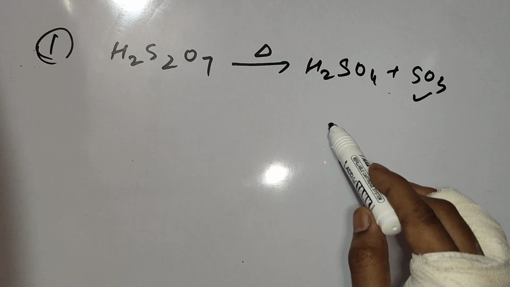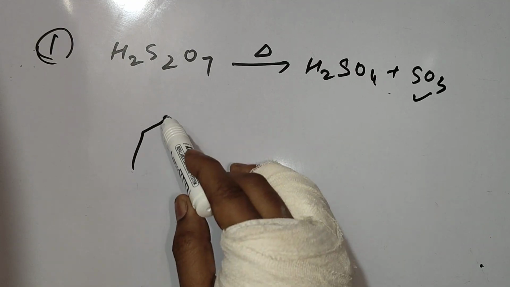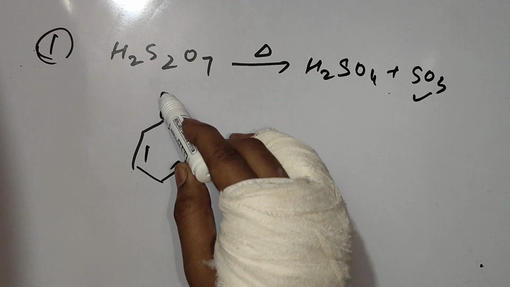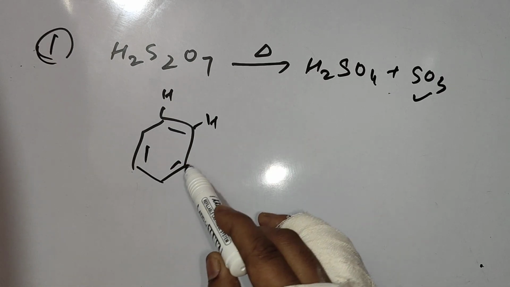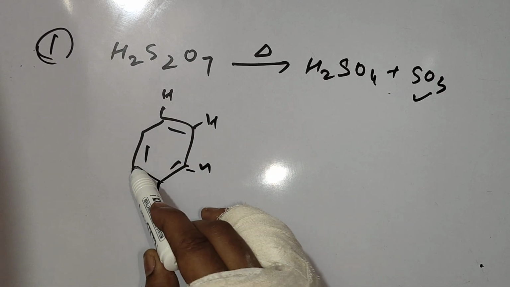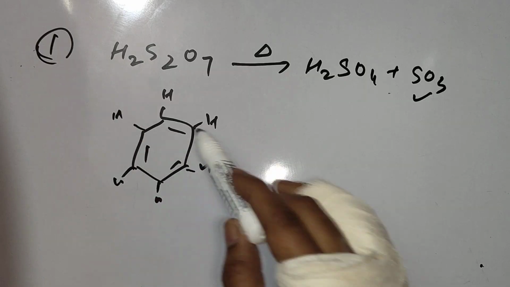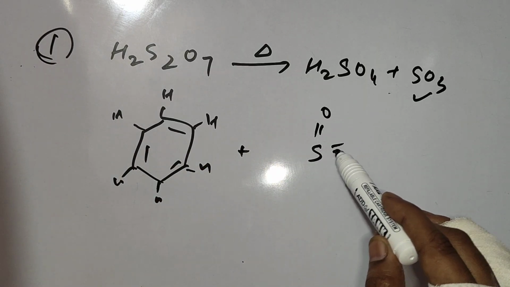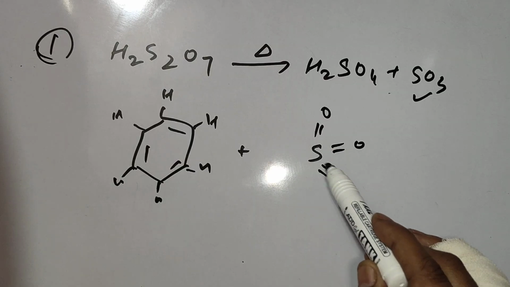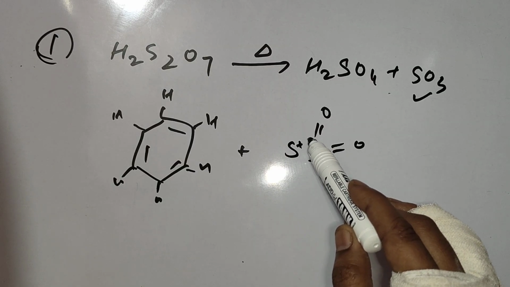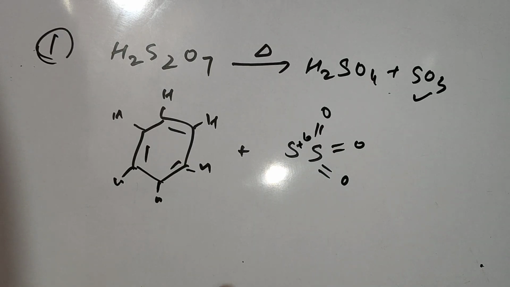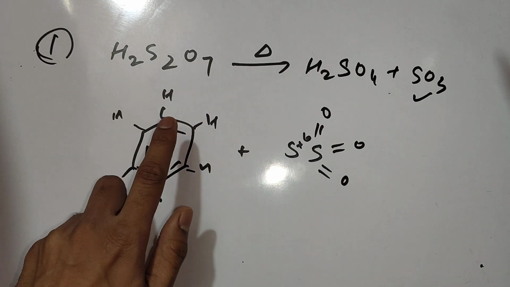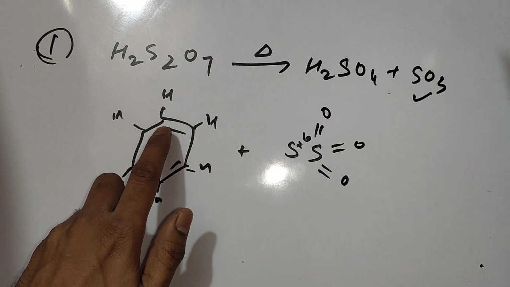This SO3 gas will attack the benzene ring in which pi electrons are present. Here hydrogens are there. I am writing them. This sulfur is partially 6 positively charged. This requires electrons. Who can provide electrons? Obviously the benzene ring and carbons.